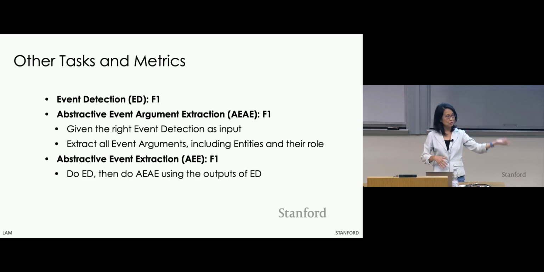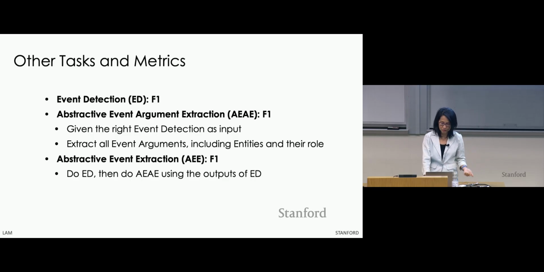You do the event detection, take the result from your event detection, and then do argument extraction. Meaning that I already lost some from step one, and it is compounding, all right, to get to the AEE. So that's a harder metric.